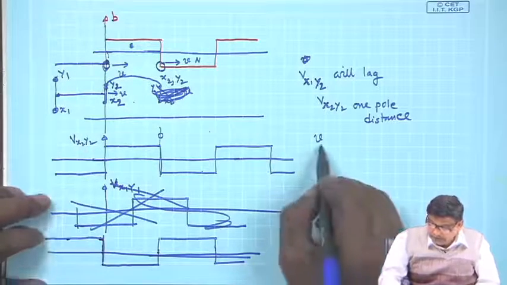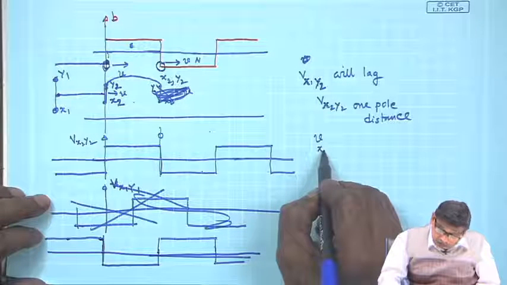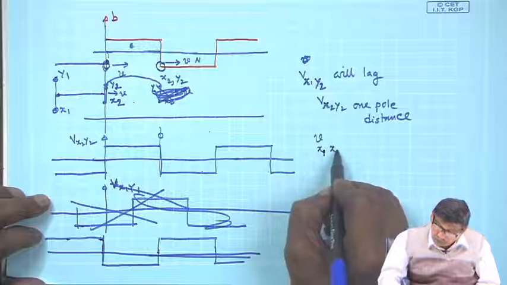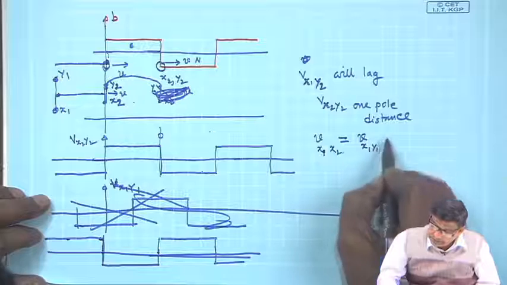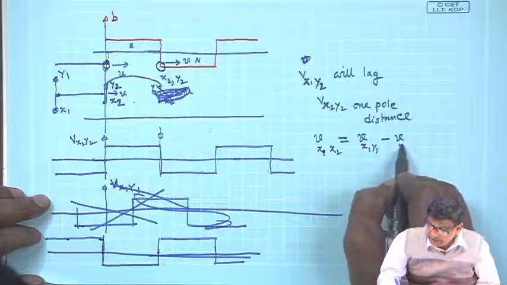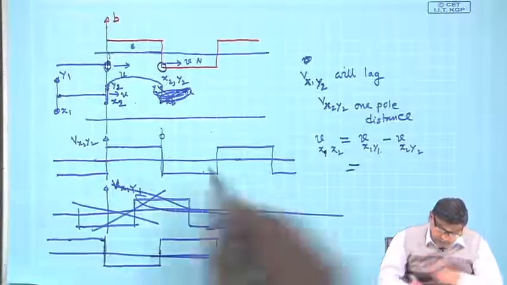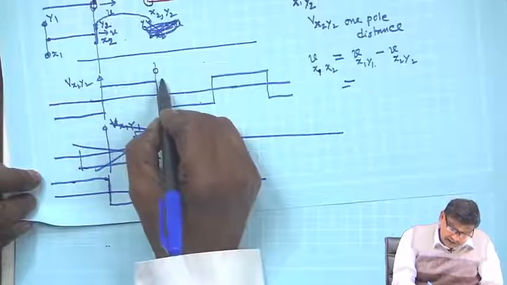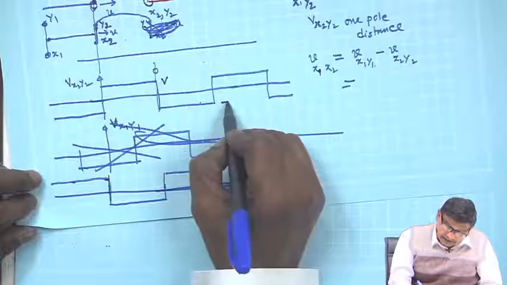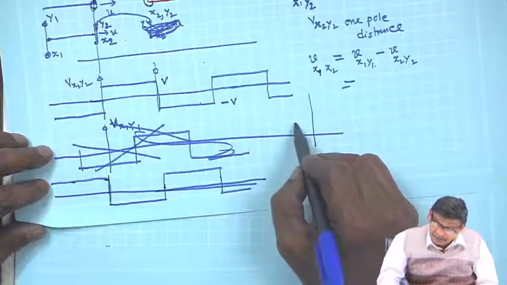So, V x 1 x 2, if you join them, it will be V x 1 y 1 minus V x 2 y 2, as I wrote it earlier; y 1 and y 2 are at the same potential. So, this will be the difference of these two. If this is V and this is minus V, it will become twice V and minus twice V.